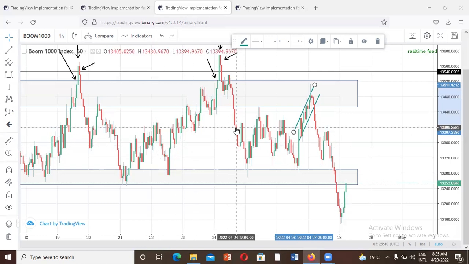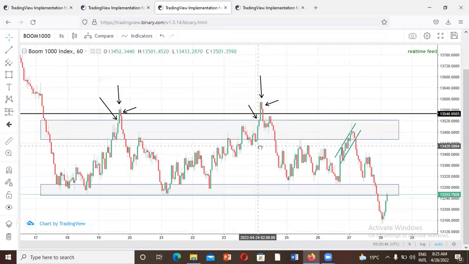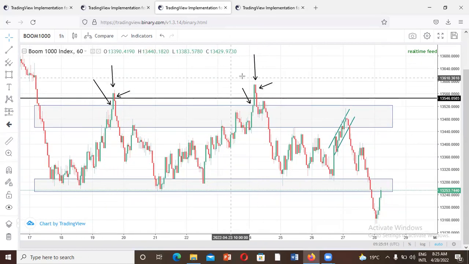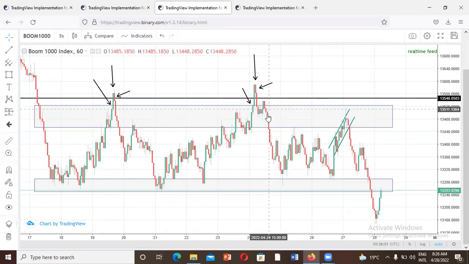Now, there was another question about whether it is safe to be impulsive. So this kind of answers your question, or to wait for a retest. A retest, sometimes you might wait for a retest and it never comes. Like now in this scenario, this is the only retest.